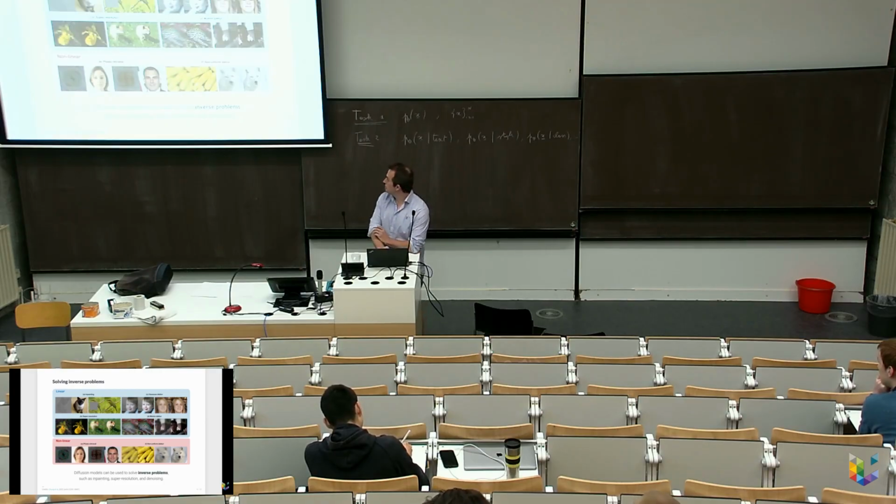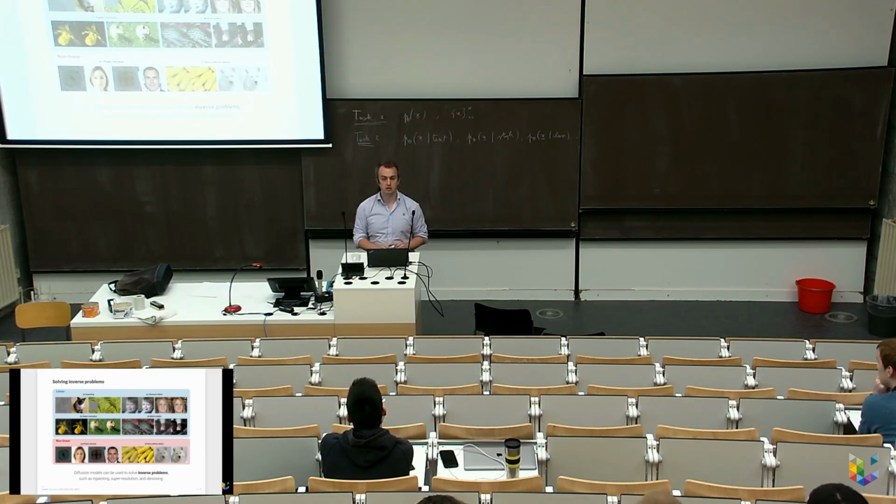Let's say you want to go from a very sparse image, where you only get to see a few pixels, and you want to recover the entire image. Or you want to do in-painting, so you only see part of the image and you want to infer the missing content.